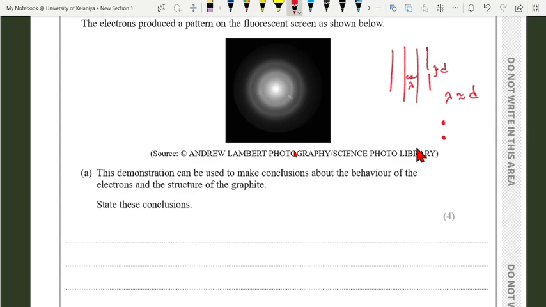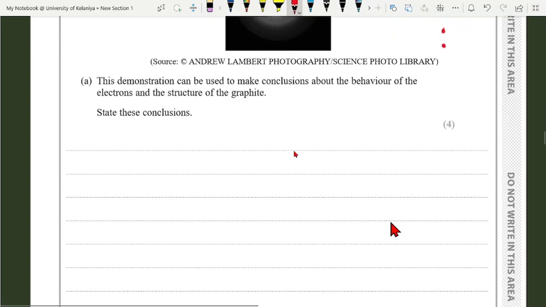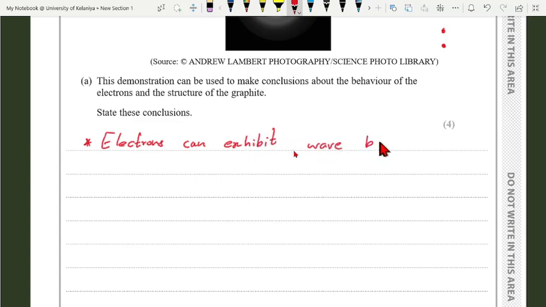So how can we answer these questions by stating these conclusions? First thing, you should mention that electrons can exhibit wave behavior, right? Or here we can see a diffraction pattern. That's why we can conclude that point. Electrons can exhibit wave behavior. Right? Why?